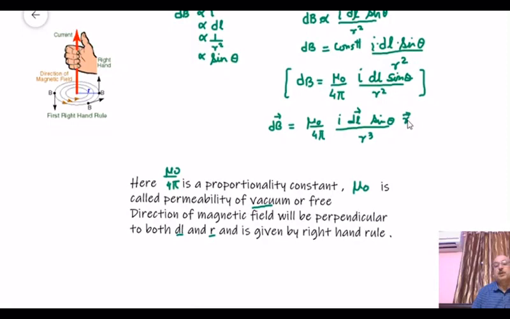We multiply and divide by r on the right hand side. Or dB vector is equal to mu naught by 4 pi, I dl vector sine theta r unit vector upon r square.